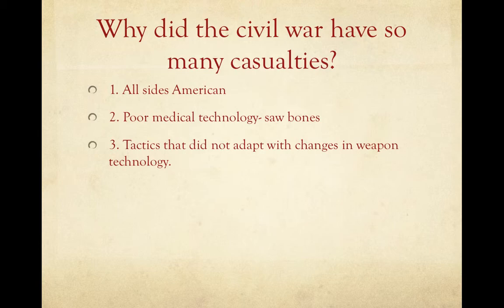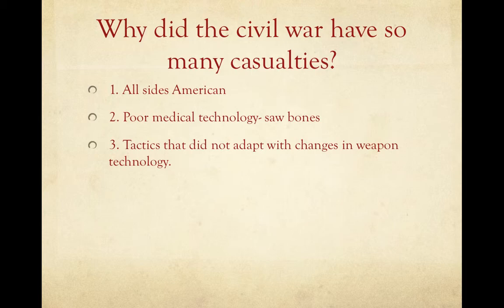And the third, and probably the most prominent reason, meaning the most important reason for the casualties of the American Civil War, was the idea that they were fighting with very outdated tactics. The weapons between the Mexican-American War and the American Civil War had undergone a revolution of change.